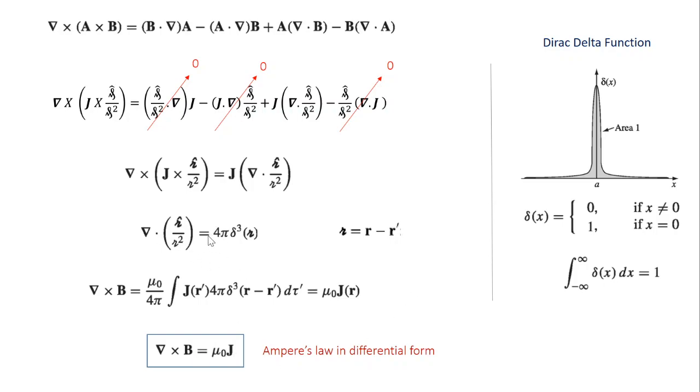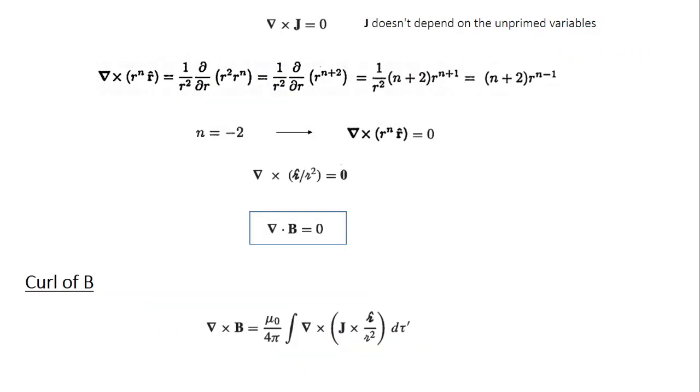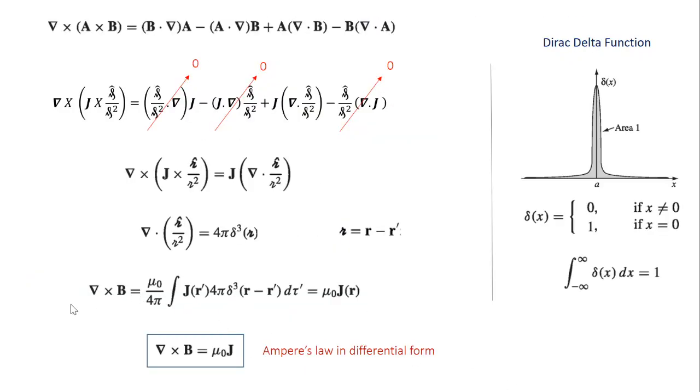Now let's put this back into our expression for a curl of B. So if you do that, you get curl of B equal to mu naught over 4 pi integral j of r prime 4 pi delta cube. Instead of r, I can write r minus r prime d tau prime. So we know that when r equal to r prime, the value of delta cube equal to 1.